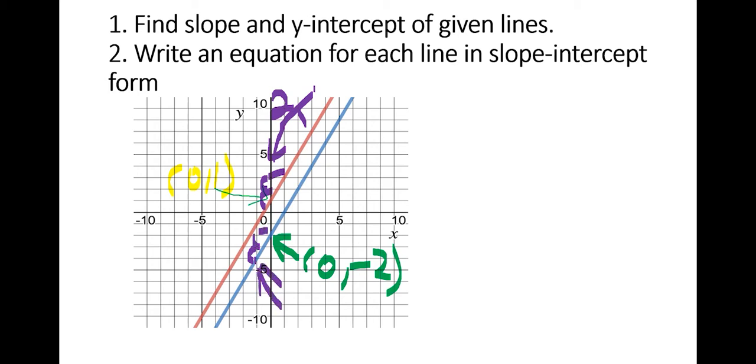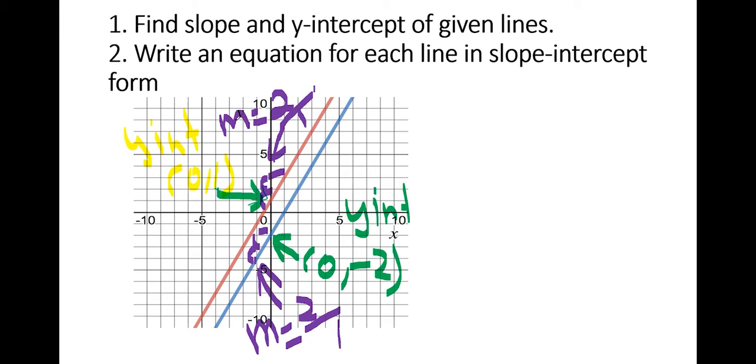So our rise over run is 2 over 1. You can see both lines have the rise over run as 2 over 1. The y-intercept is (0, 1) for the red line, and for the blue line it is (0, -2).